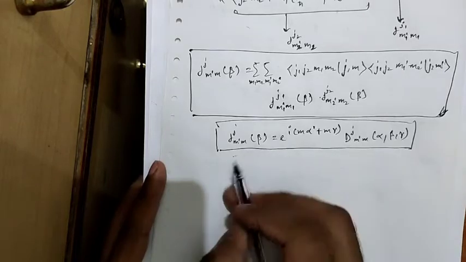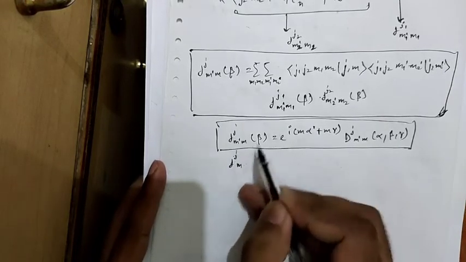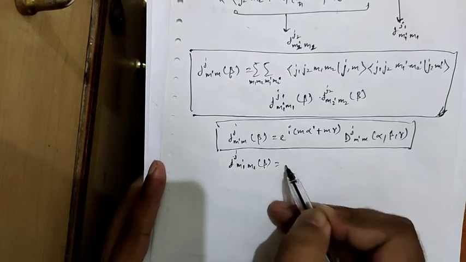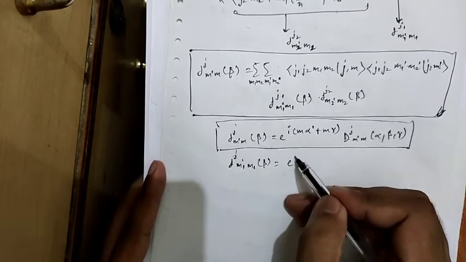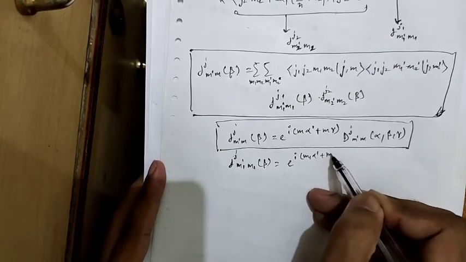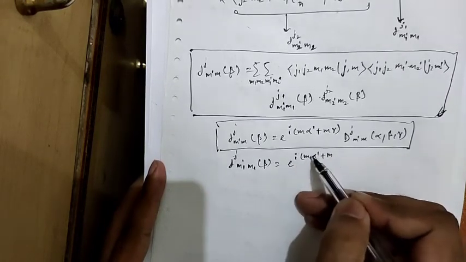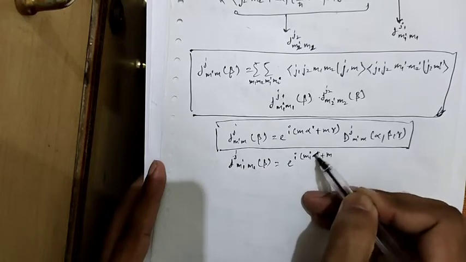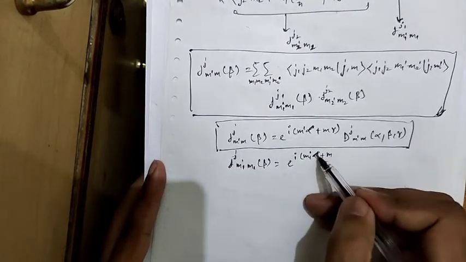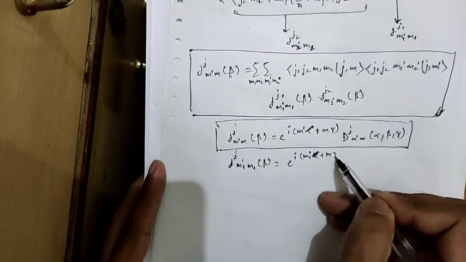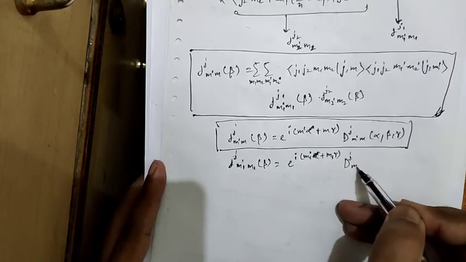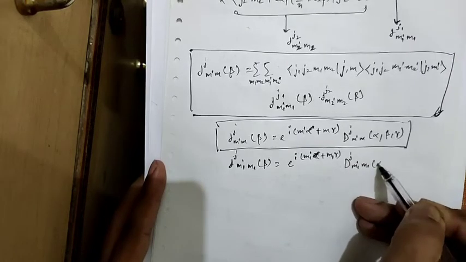also I am substituting, say, for the dj1 m1 dash m1 beta, the value for this is obvious, e^(i m1 dash alpha plus m1 gamma) dj1 m1 dash m1 alpha beta gamma.